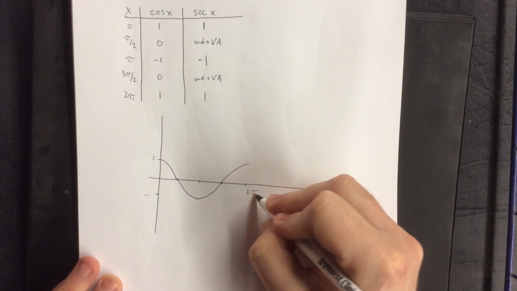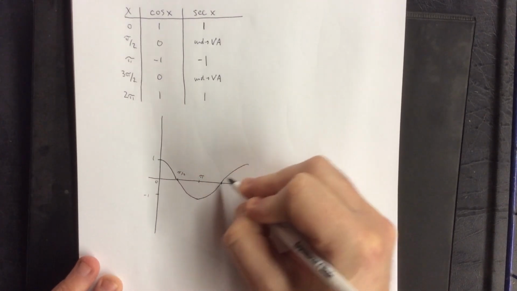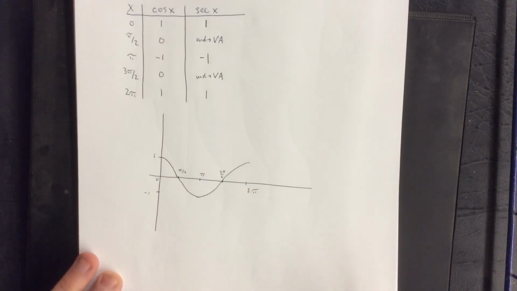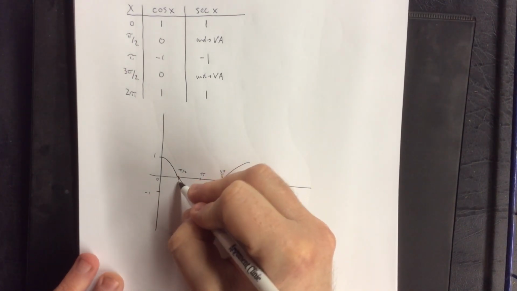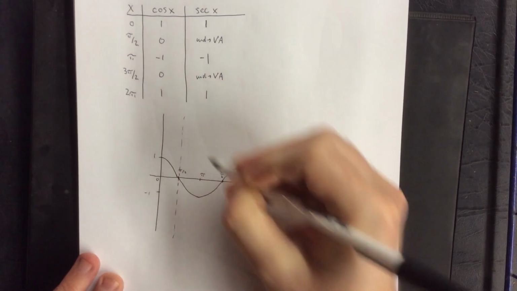And this would be the graph on 0 to 2 pi. Now, to put together this graph, wherever the cosine touches its midline, the reciprocal of that is going to wind up being an asymptote.